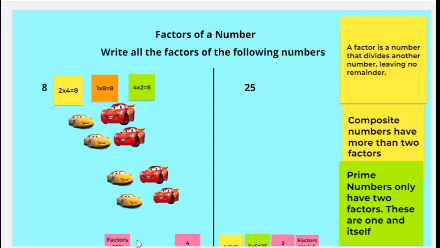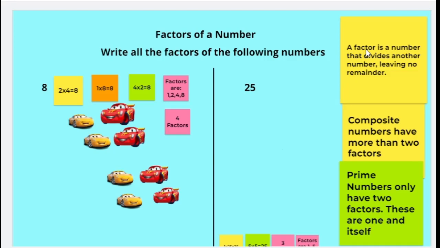So what are the factors of 8? Factors of 8 are 1, 2, 4, and 8. So how many factors does 8 have? 8 has 4 factors. All right? So what are factors?